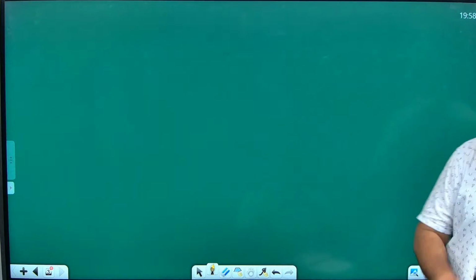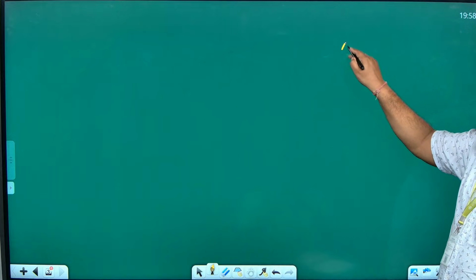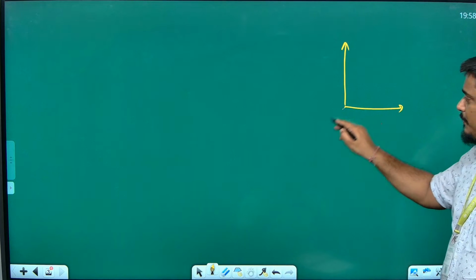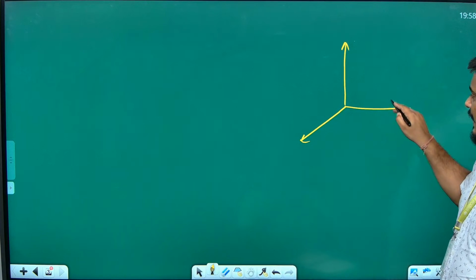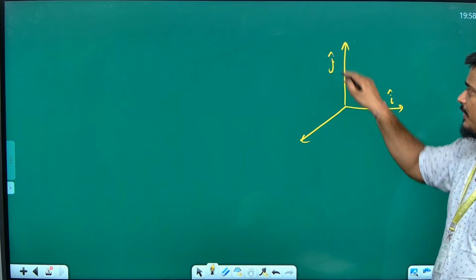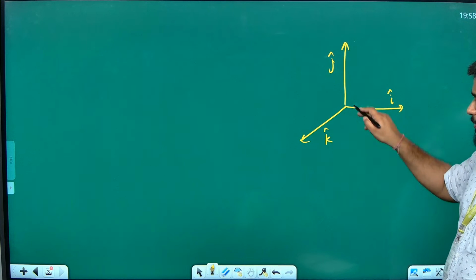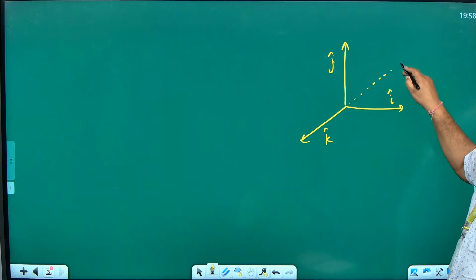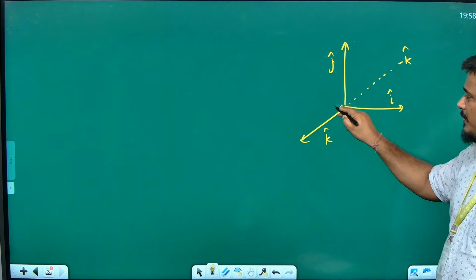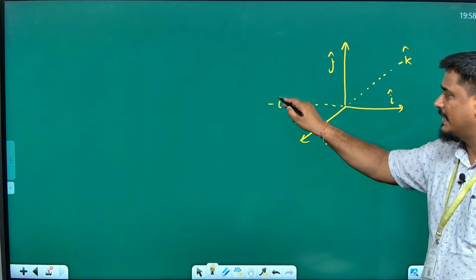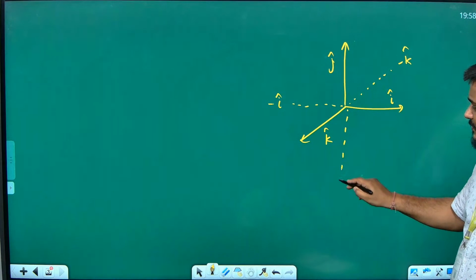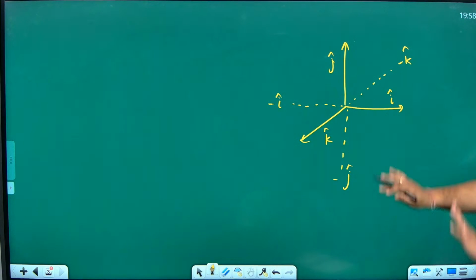I will explain once again. To explain this, I am drawing and keeping in front of you i cap, j cap and k cap readily available. This will become minus k cap, this will become minus i cap and this will become minus j cap. This is a complete coordinate axis.